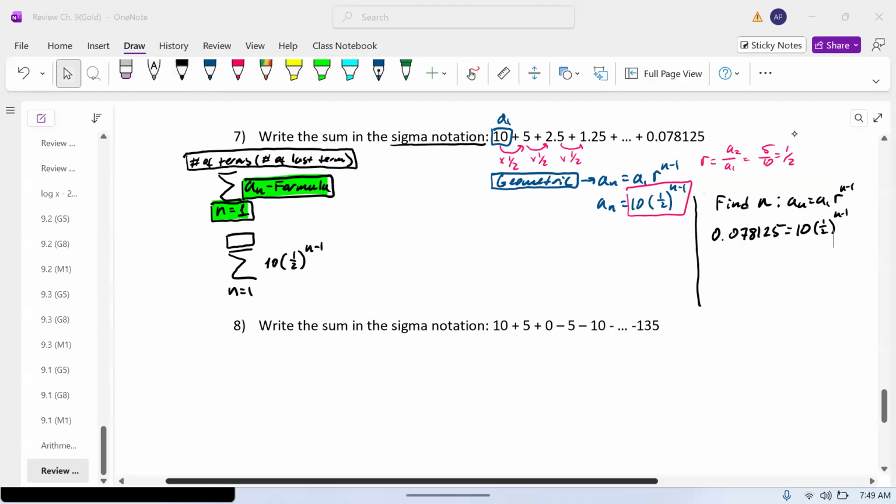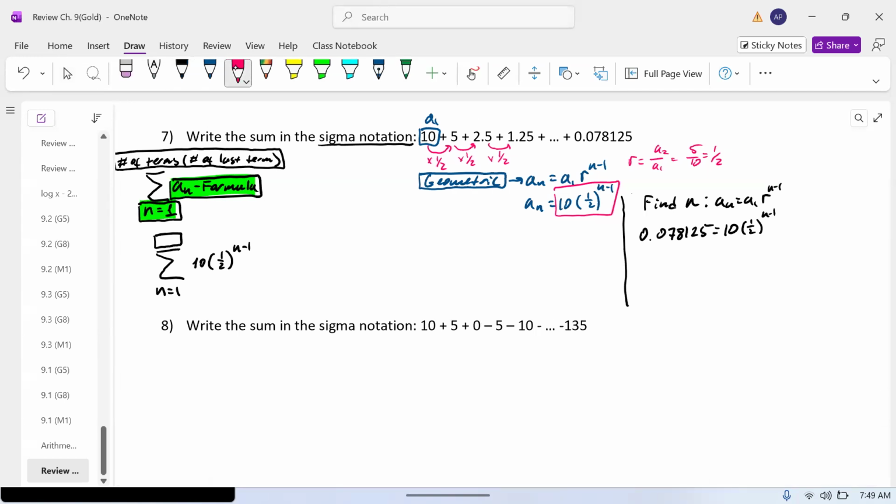Now we need to solve this exponential equation, so let's do this. Remember, you always want to get rid of your leading coefficient first, so you have to divide by 10 first. And when we divide by 10, now it's going to become 0.00788125 equals 1/2 to the power n minus 1.